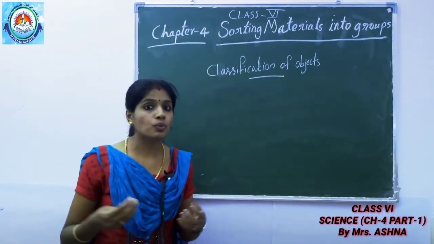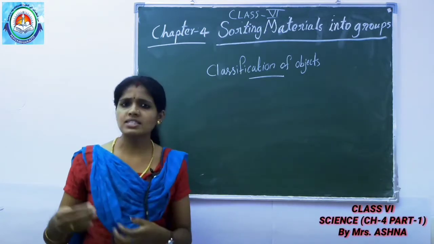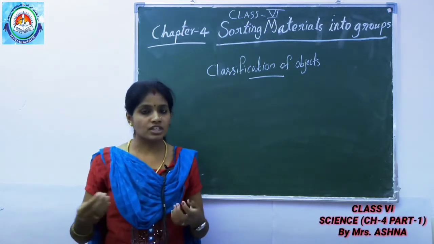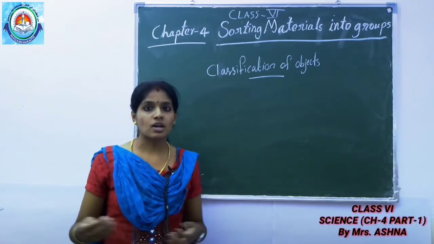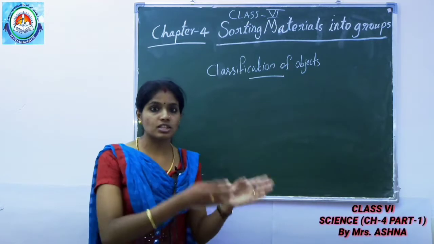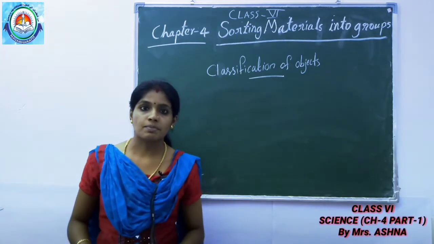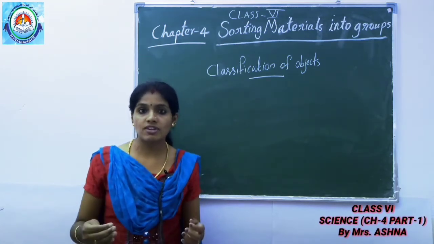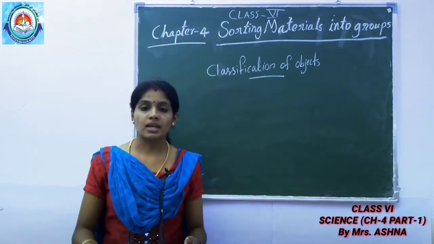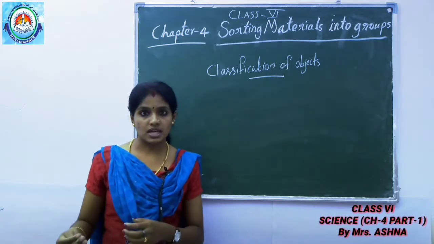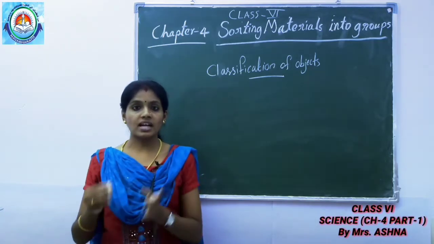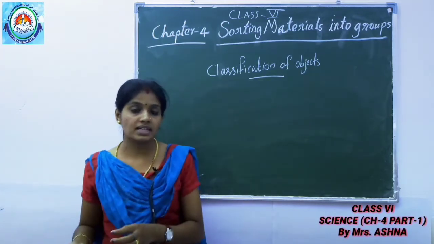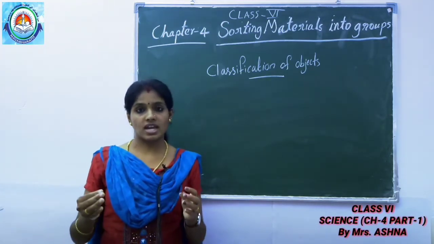Here what we will do is, based on some criteria, based on some particular feature, we can classify or arrange these things into separate groups. So classification means the grouping of different kinds of objects based on some similarities or dissimilarities.